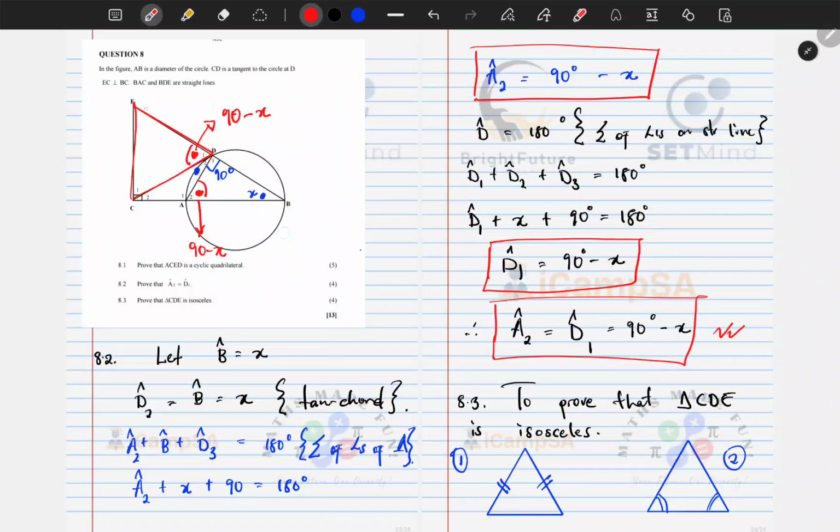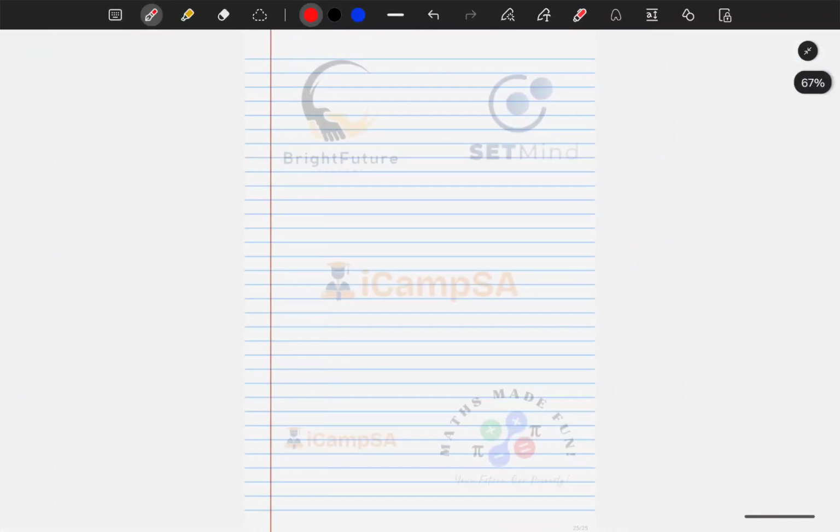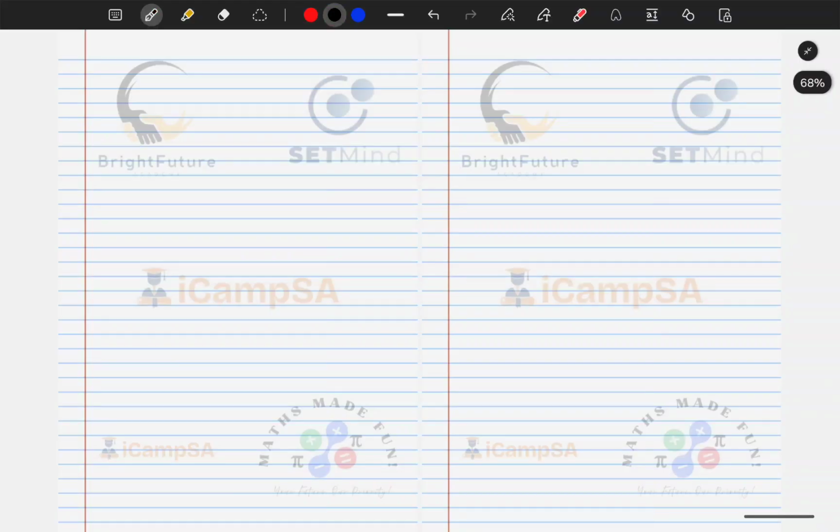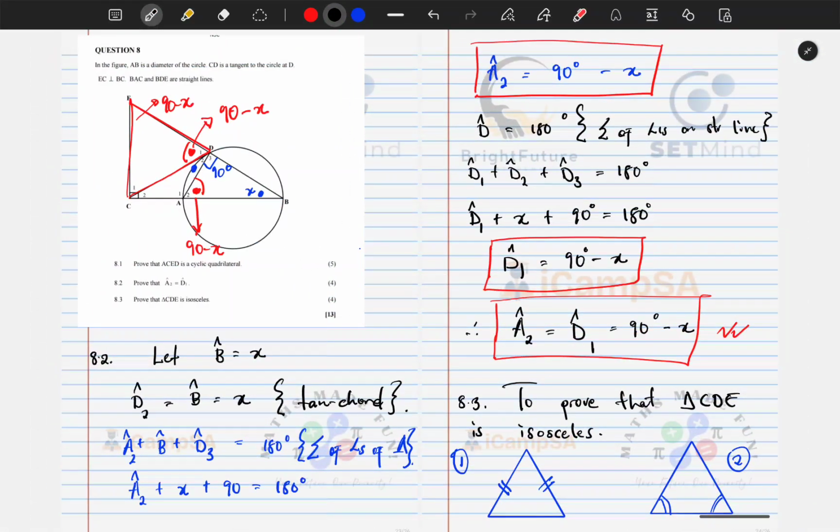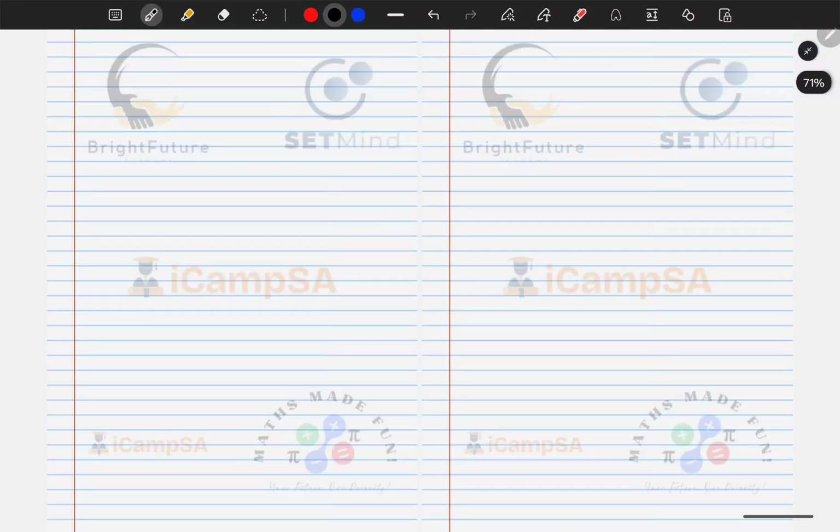So A2 is going to be equal to E, which is also going to be equal to 90 minus x. So if they are both equal to 90 minus x, then you have two angles that are equal.